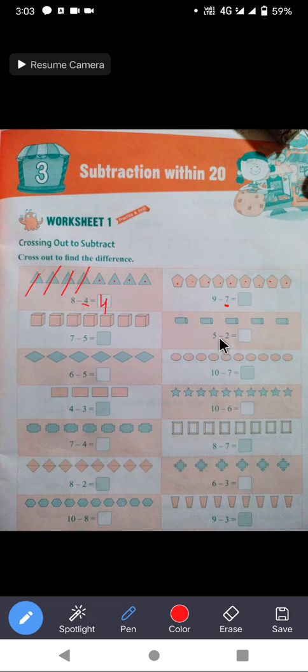From 9 we have to cross out 7 pentagons. 1 2 3 4 5 6 7. So after crossing out 7 from 9, how many are left? 1 2. Only 2 pentagons are left. So 9 minus 7 is equal to 2.